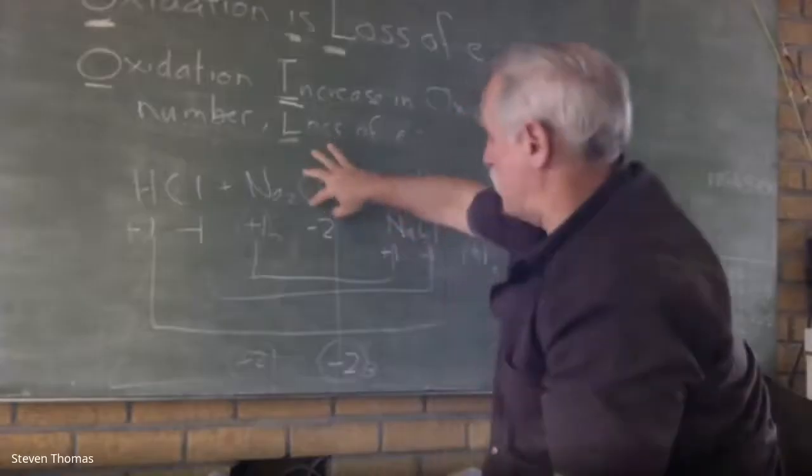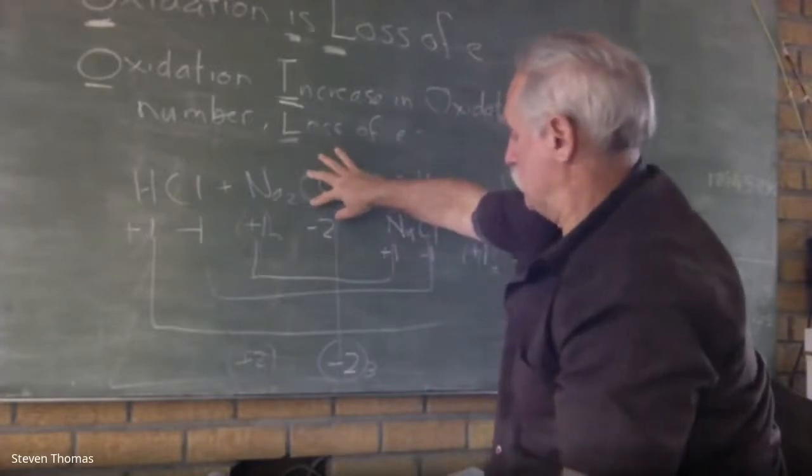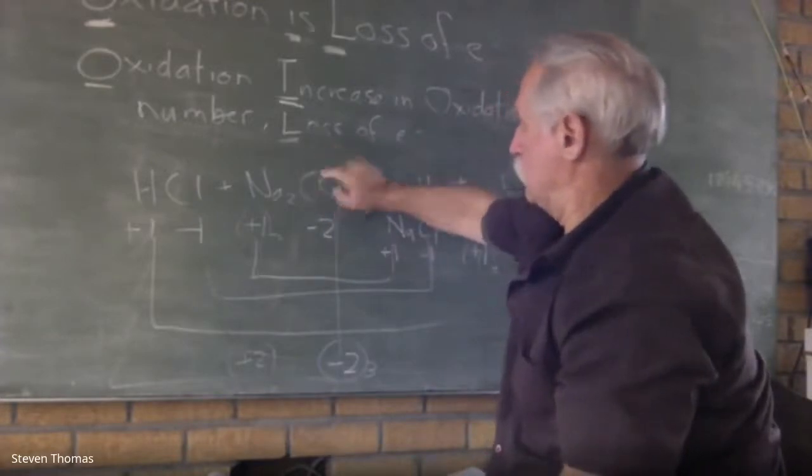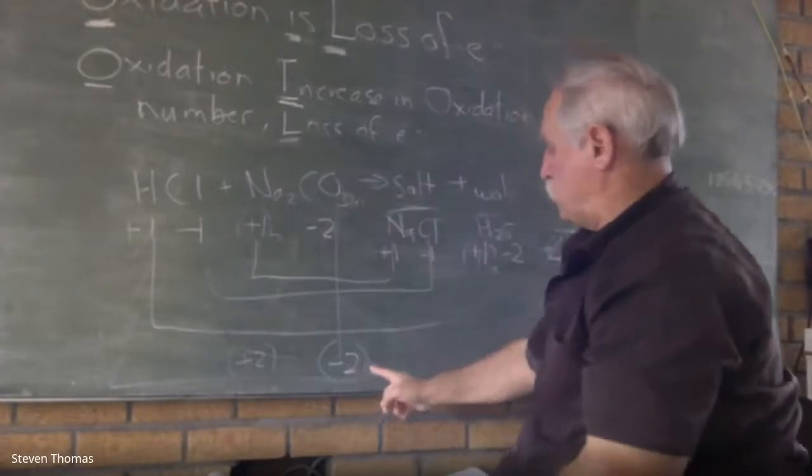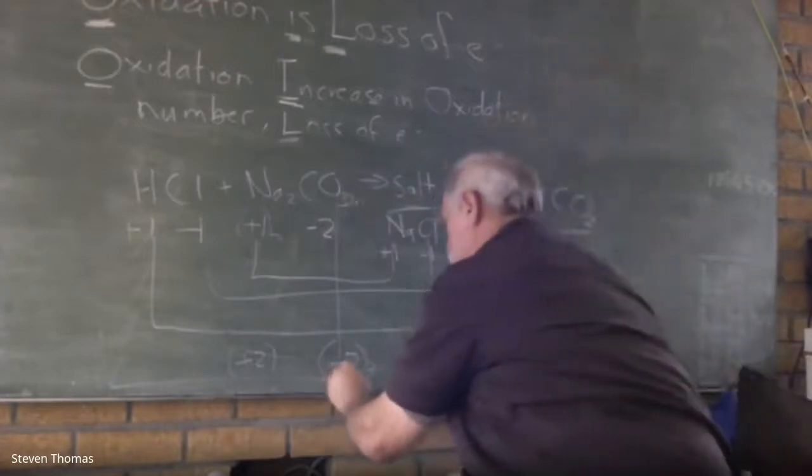So what is the carbon here? 3 times minus 2 is minus 6. Plus 2. So what is the carbon? That's 4.